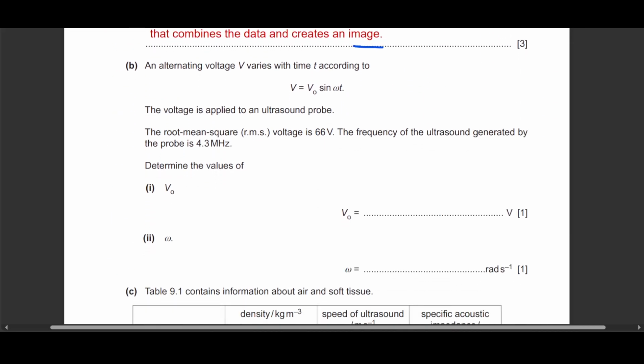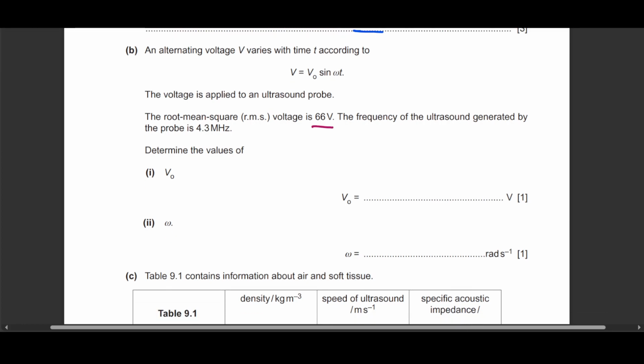So he says we have an equation of that varying EMF detected by the ultrasonic sensor. He says that the RMS is 66 volts and the frequency is 4.3 megahertz. He says V naught, the maximum amplitude. So we have this from AC electricity, that V naught is equal to root 2 times the RMS value. So this becomes 93.3 volts, which is 93 to two significant figures.